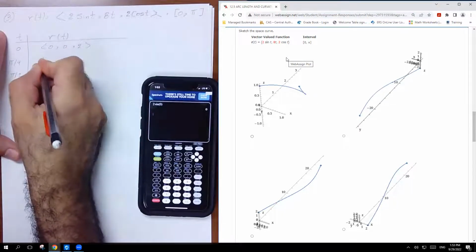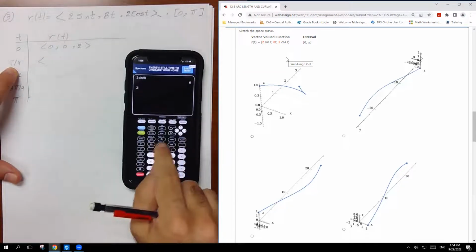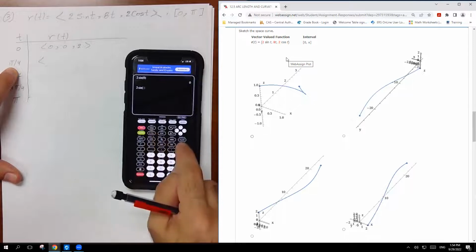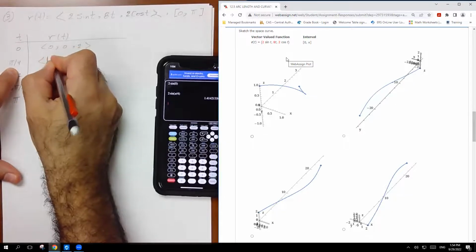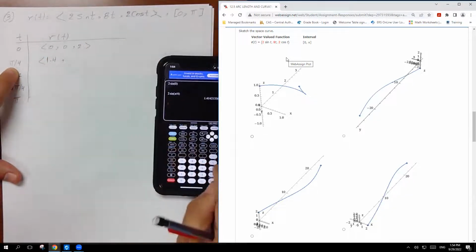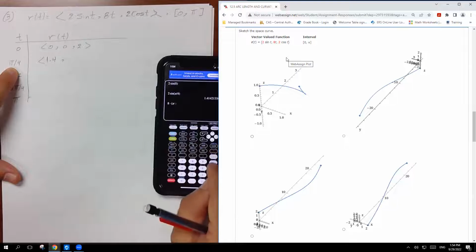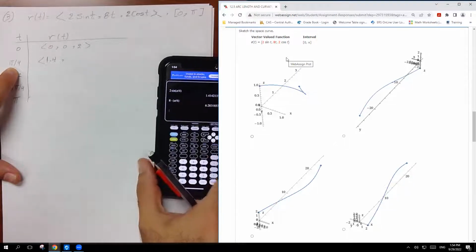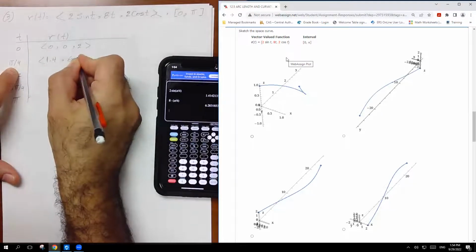Now, let's plug in pi over 4. That means 2 sine pi divided by 4. It's going to be 1.4. The second one, 8 times pi divided by 4, is going to be 6.2428, so 6.3.